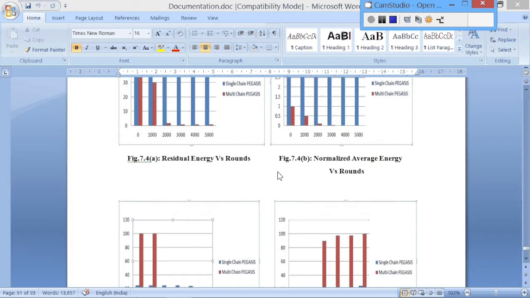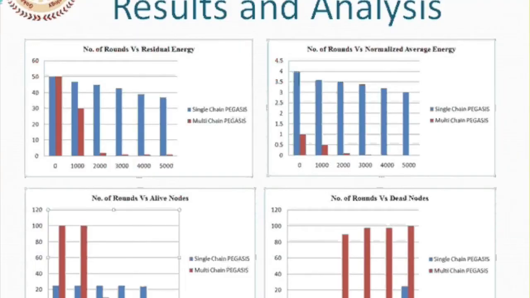And also, since there are many chains that are formed, every chain has a leader node, due to which the data transfer rate is also reduced. So this is the results and the analysis that have been done regarding the comparison of single chain Pegasus protocol and multi-chain Pegasus protocol.